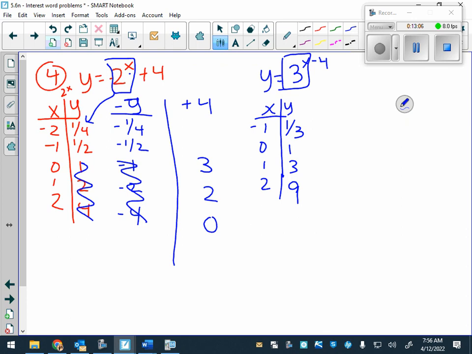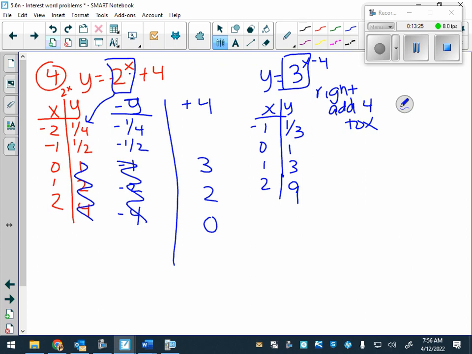Okay. Here's your parent function. And obviously if you had -2, it's 1/9. Okay. Since you're moving to the right 4, your y values are going to stay the same. This is moving to the right, so you add 4 to x.